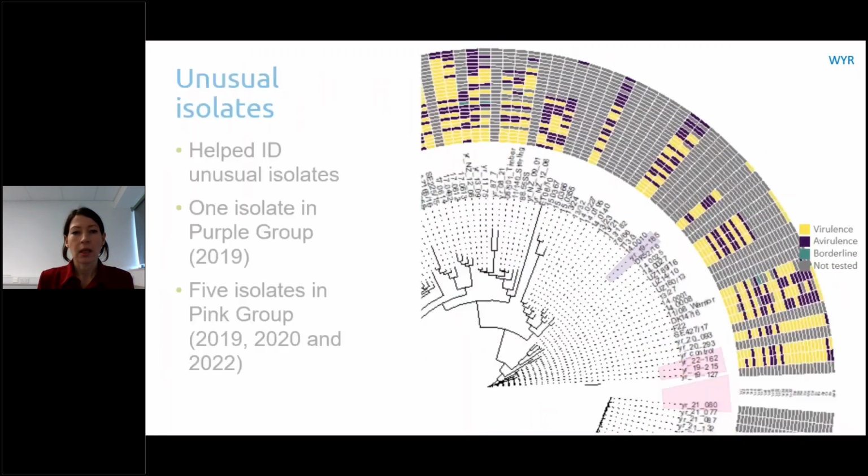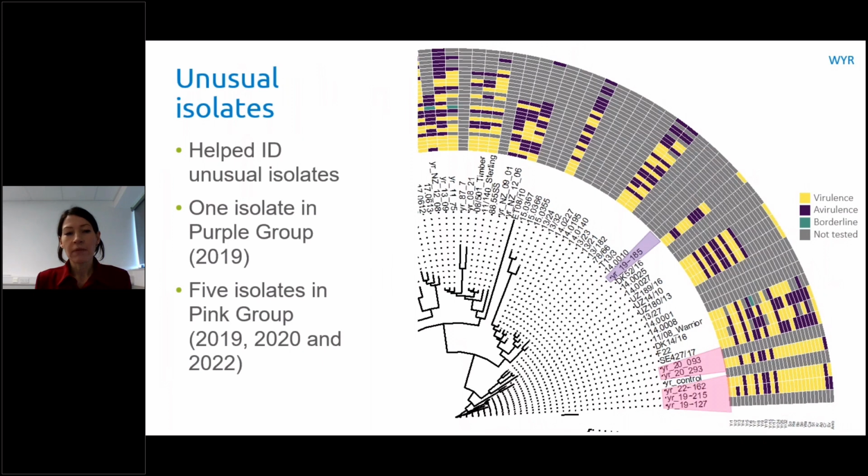Over the years, it has helped us to ID these unusual isolates. So in 2019, we had 1 isolate in the purple group, which was 19185. The purple group, if you've been following the UKCPVS for a long time, you may remember that we used to call the chronic race. And then at the bottom of that little diagram, we had the 5 isolates in the pink group.